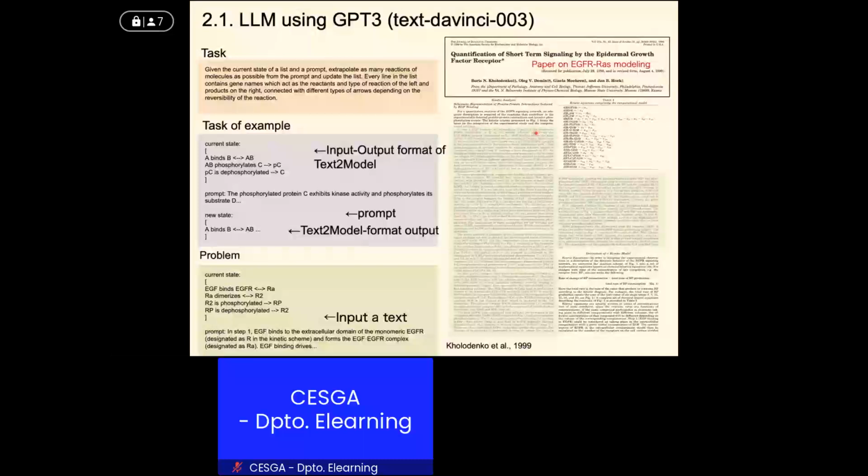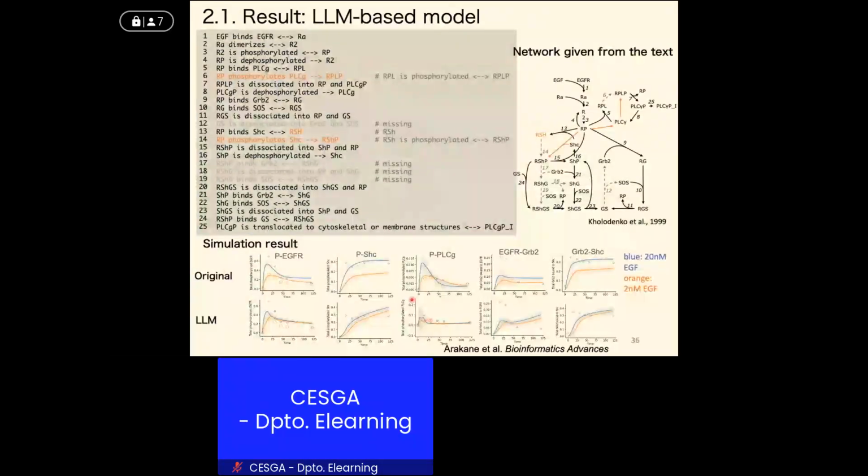So here is the description. We asked GPT-3 to output the text model format, and we showed it an example. Please give an output like this. And these are the results.